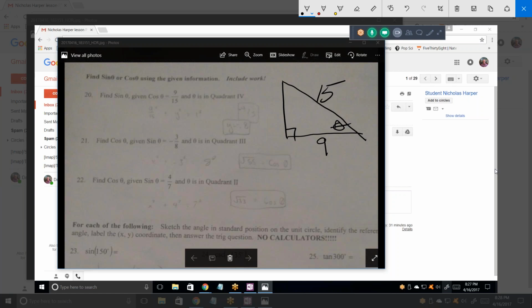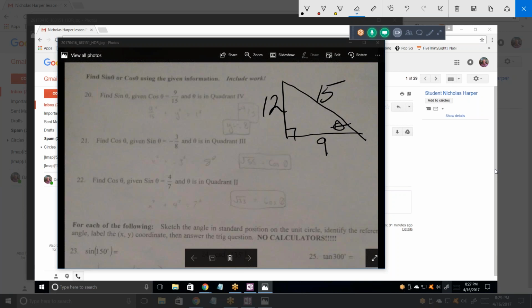That makes this the square root of 225 minus 81, which is the square root of 144, which is 12. In other words, as long as they give you two sides of that triangle, you can always use the Pythagorean theorem to calculate the third side, no matter what it is. Now I have everything dimensioned. I can figure out what sine of theta is.